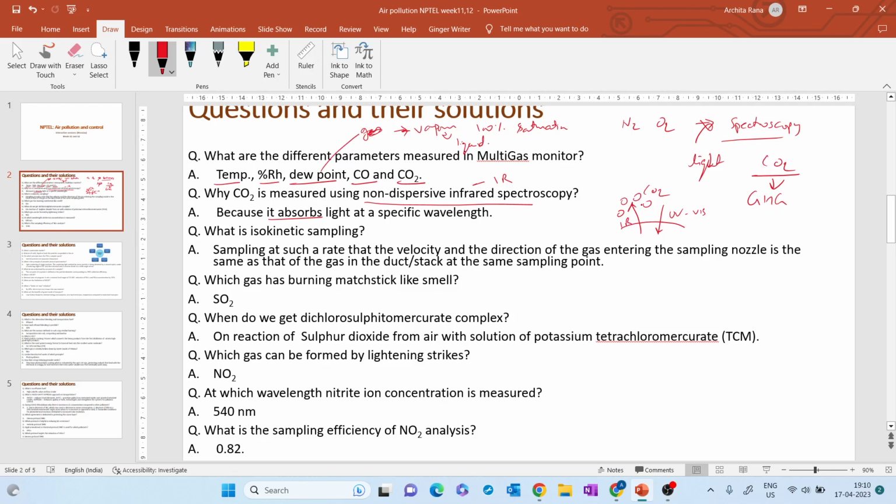So CO2, one of the major greenhouse gases, has the ability to absorb IR radiation, and generally absorbs in the far IR, which I think starts from about 500 micrometer to 1 mm or something. CO2 generally absorbs at this wavelength, 15 micrometer.